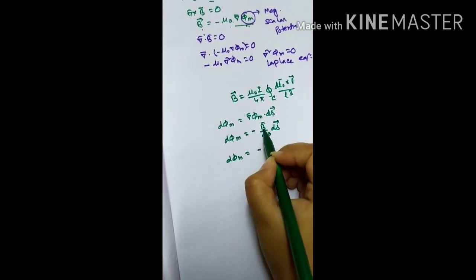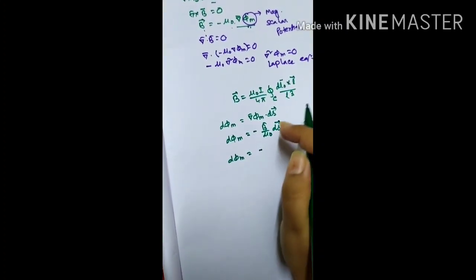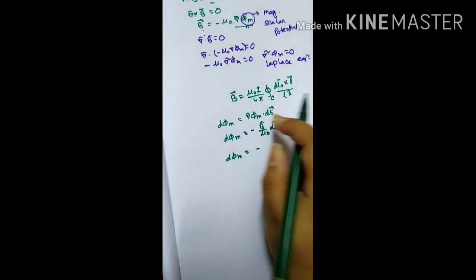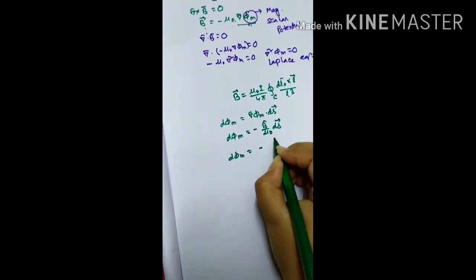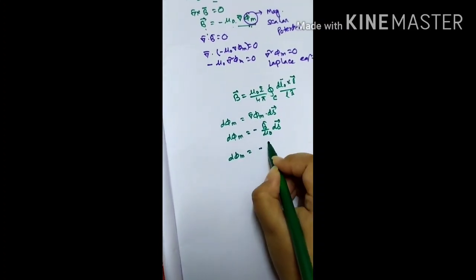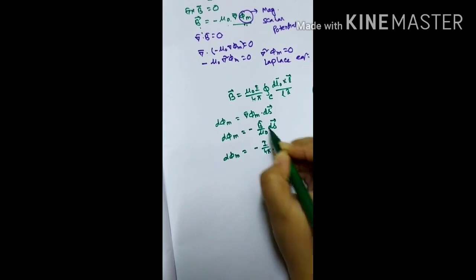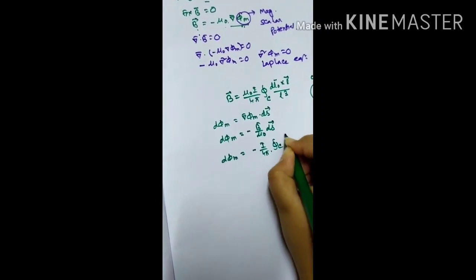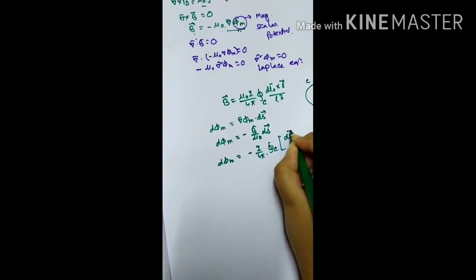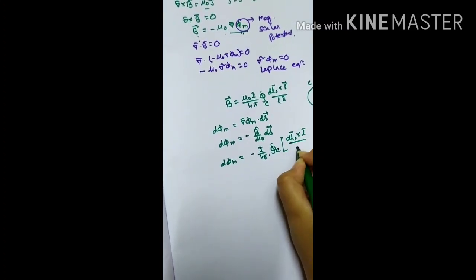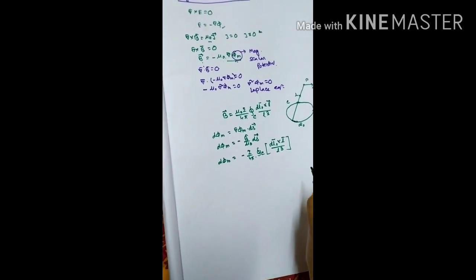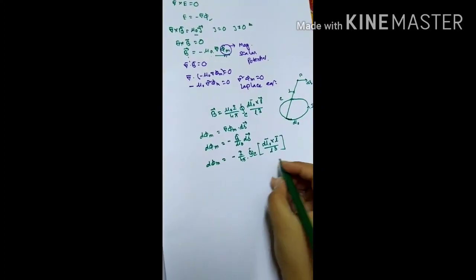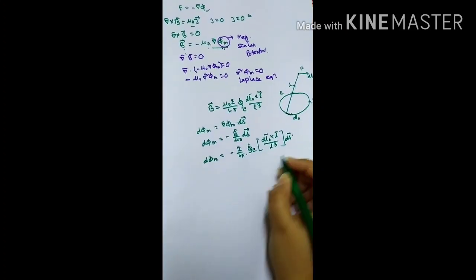Now we know what B is, so we can put it in place of B. Mu naught cancels out, and we get I by 4 pi, integration over C of dl0 cross L by L cube, dot ds.